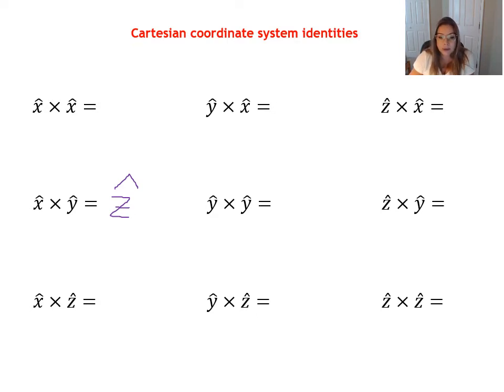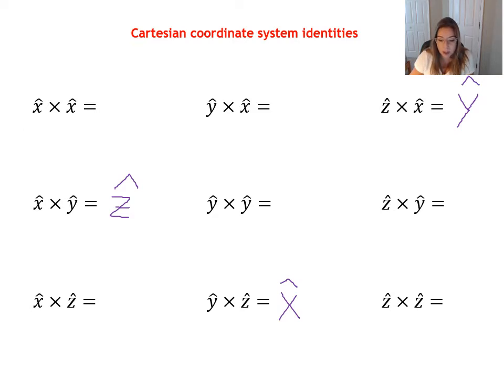I also told you that y crossed with z is x hat. I also told you that z crossed with x was y hat. So those 3, I will give you on your equation sheet. You are responsible for being able to construct the rest of these, the 6 that are remaining.